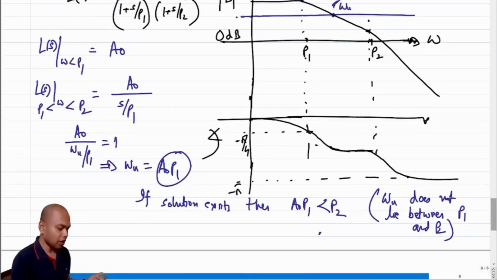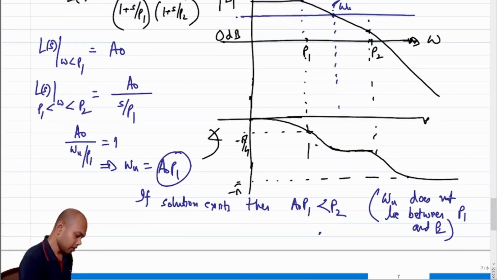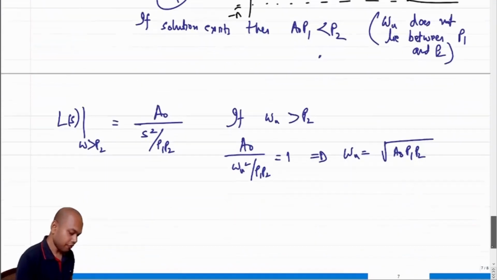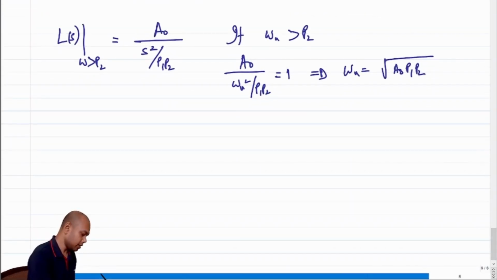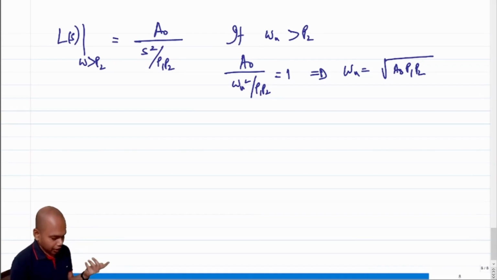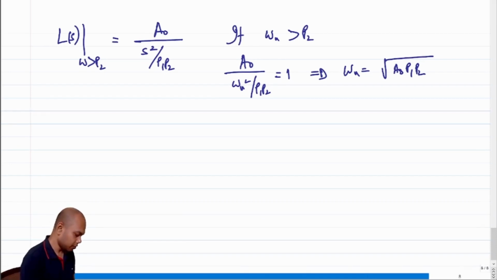So this way we can find out omega U. Let's say we found out omega U, and let's say the omega U we found out is somewhere here. So what should we see then? We should see the phase associated with omega U, the phase associated with the transfer function at omega U. So step 2 is find phase.